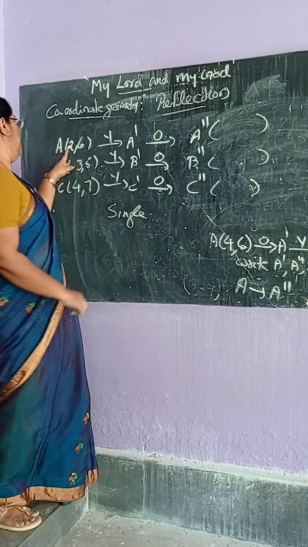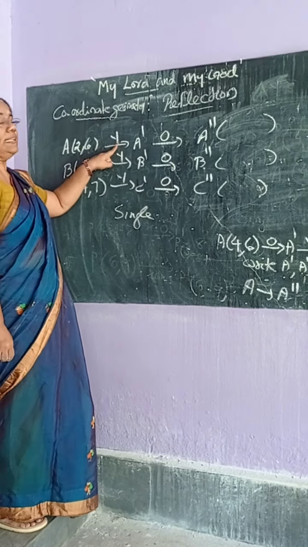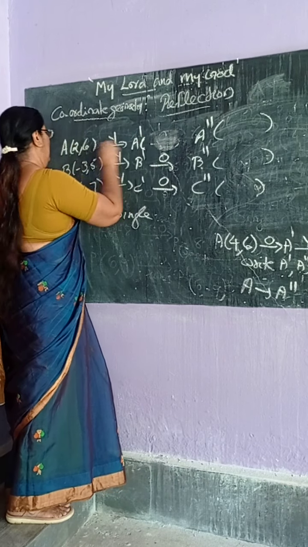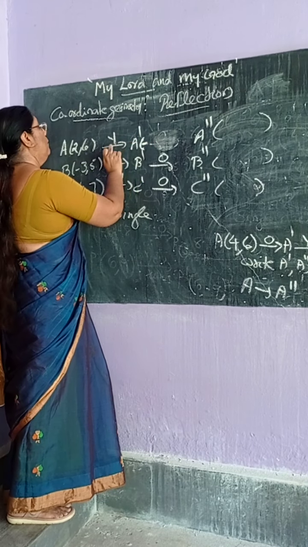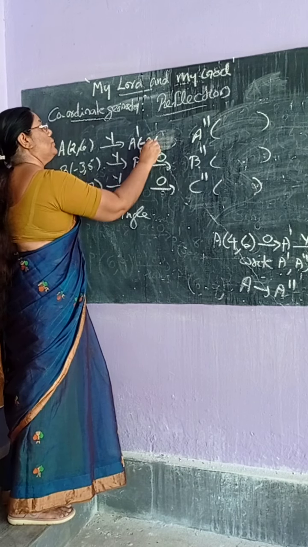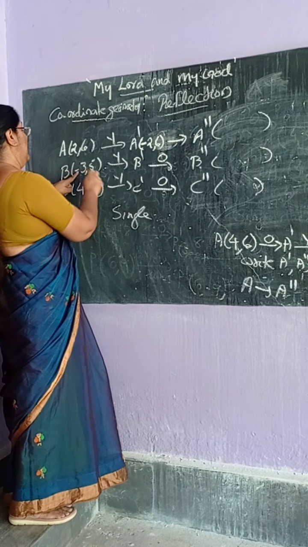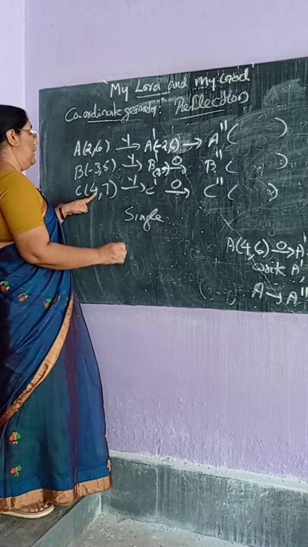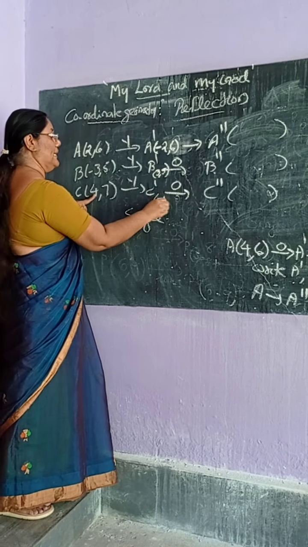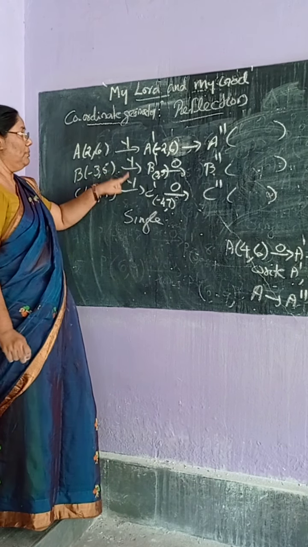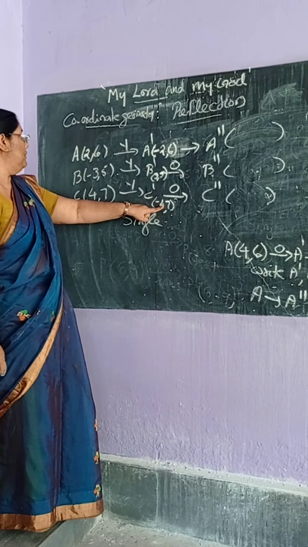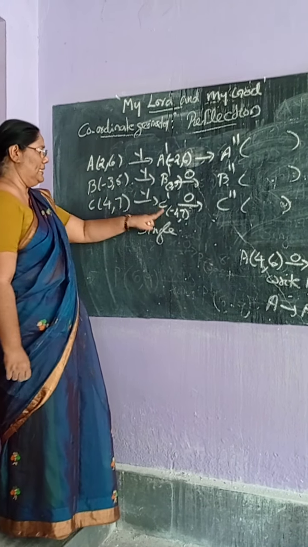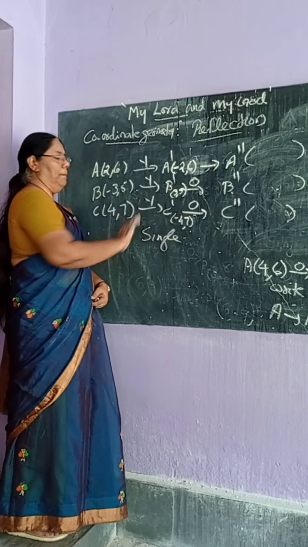Okay, start. A (2, 6). Y-axis means x coordinate changes. Therefore, you can mark here (-2, 6). Here B (-3, 5) becomes (3, 5). Here C (4, 7) becomes (-4, 7). Y-axis means only change the sign of the x. 2 changes to -2, -3 changes to 3, 4 changes to -4. Y same.